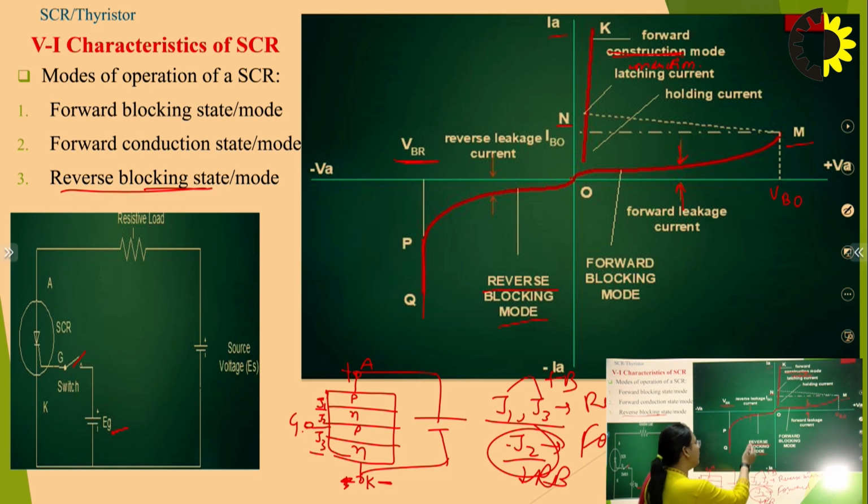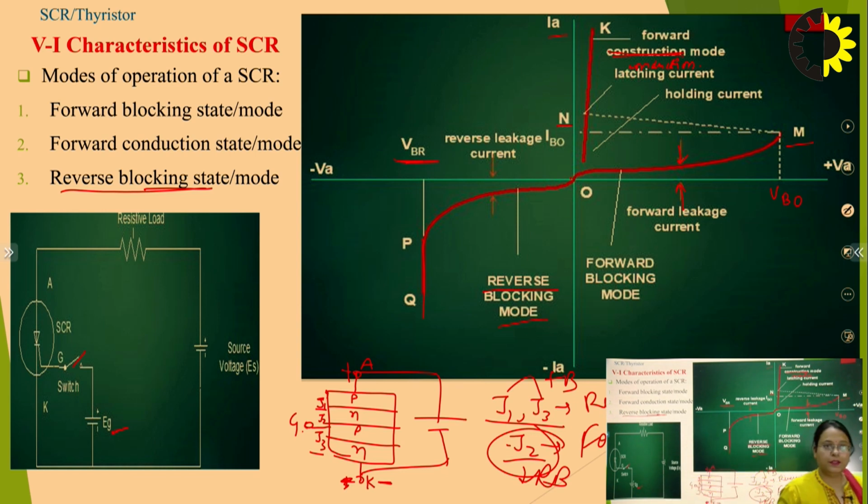Similarly, in the reverse blocking mode, a very high impedance is offered in the reverse direction due to the low current, due to which the device will behave as an off circuit, right. Now, when I am talking about the forward conduction mode, in this mode the SCR will get turned on, right, it will behave as an on switch.